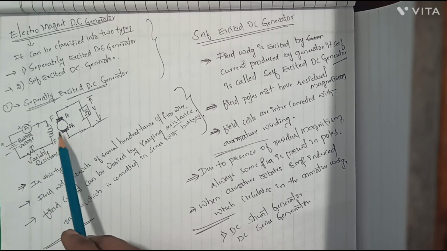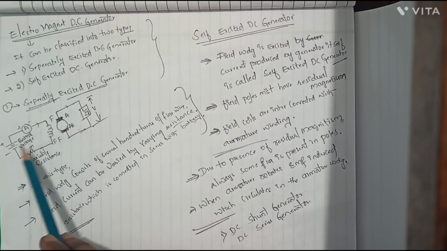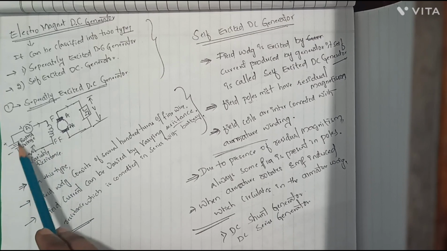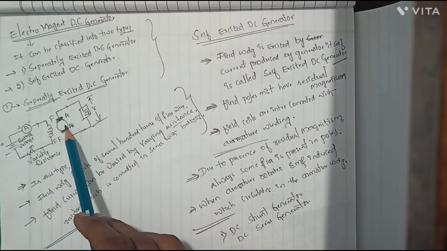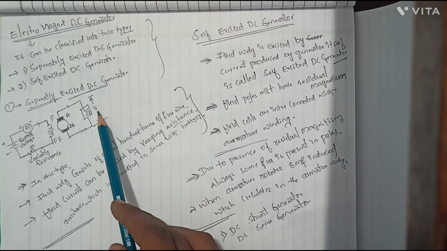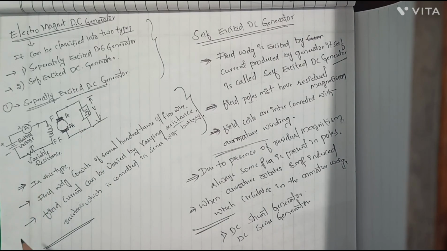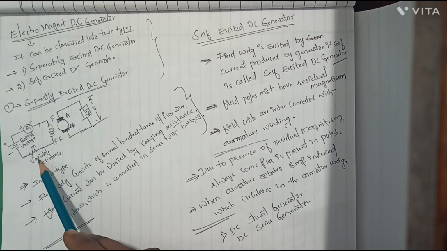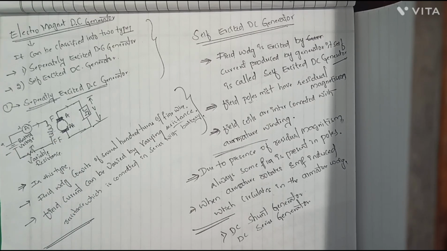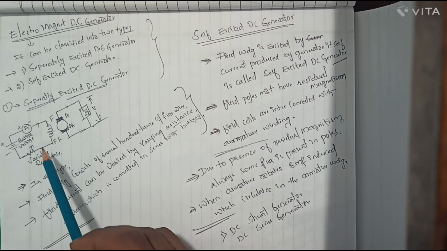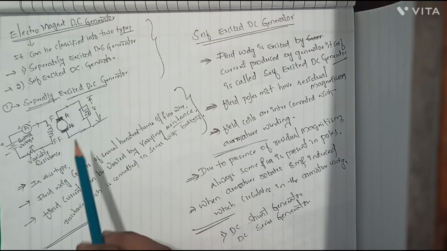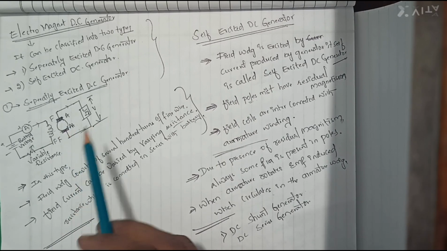Field is excited independent of armature: variable resistance, battery, field. The armature is connected across the load. V is terminal voltage. Field current can be varied by varying the variable resistance which is connected to the battery. Separately excited DC generator means nothing but field and armature are connected separately.